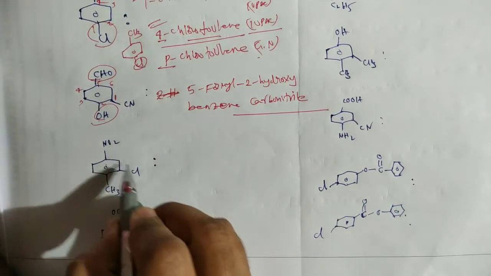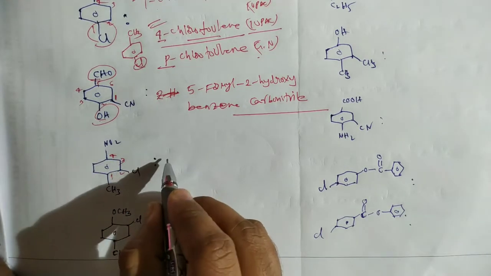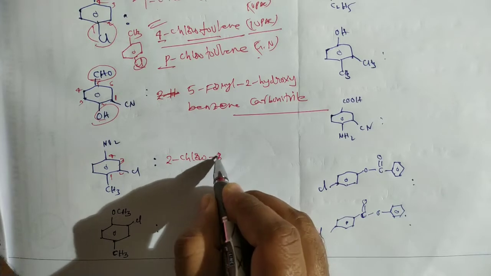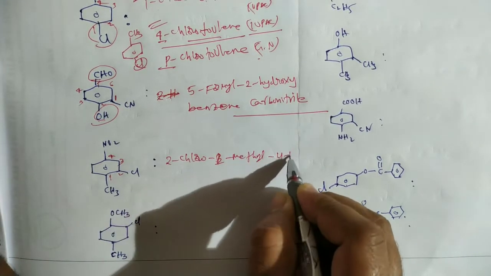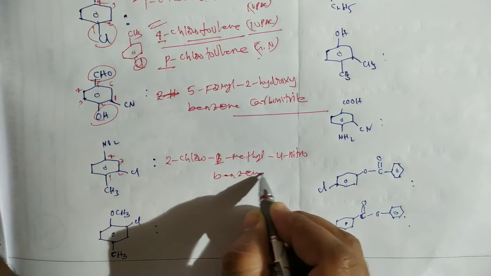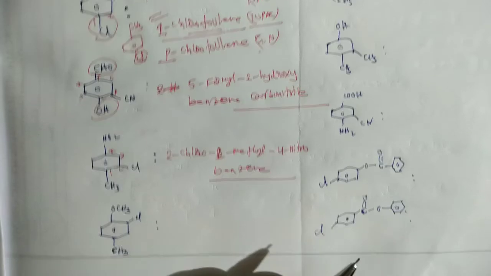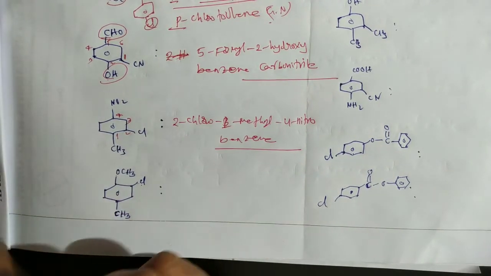Next here in this case 1, 2, 3, 4. So here 2-chloro and 1-methyl, 2-chloro-1-methyl and 4-nitrobenzene. Okay, that is the IUPAC name of this compound, because all are substituents. Now you see this one here also, all are substituents here: methoxy, chlorine and CH3.